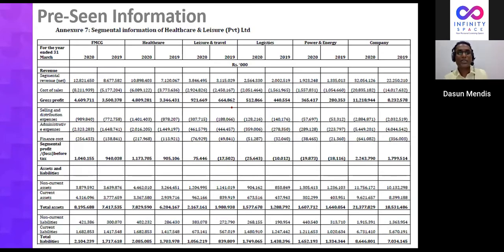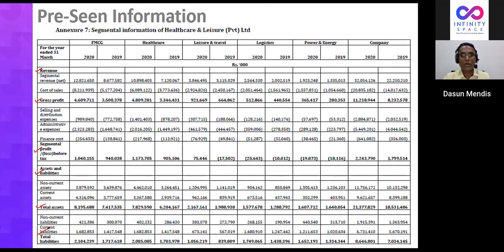Then this information is given in the question: FMCG, healthcare, leisure and travel, logistics, power and energy, and the total company. You have been given information about revenue, gross profit, segment profit before tax, and total assets and total liabilities.